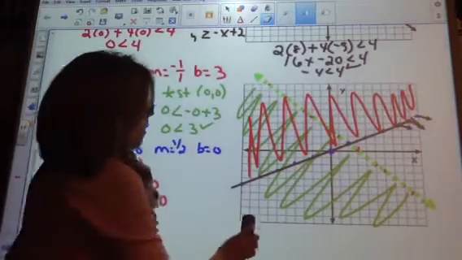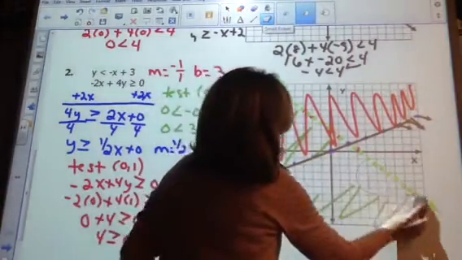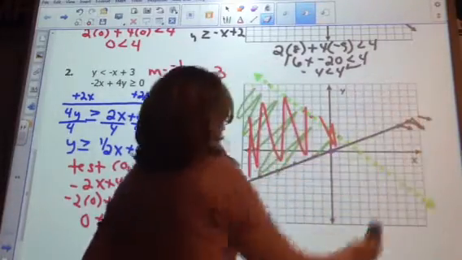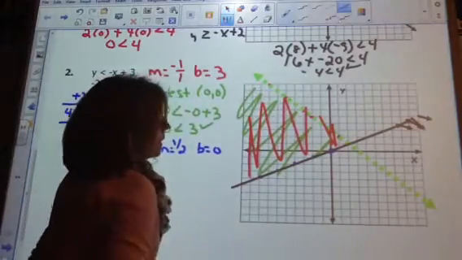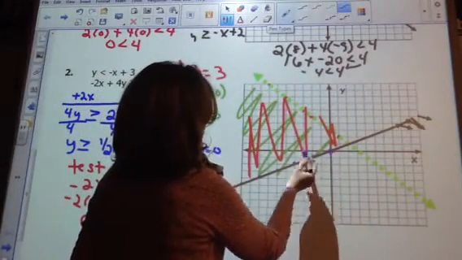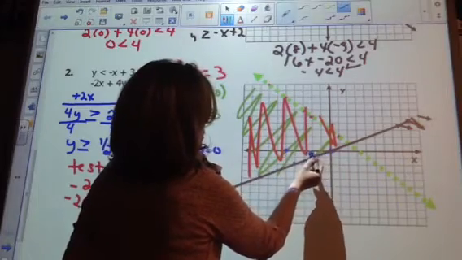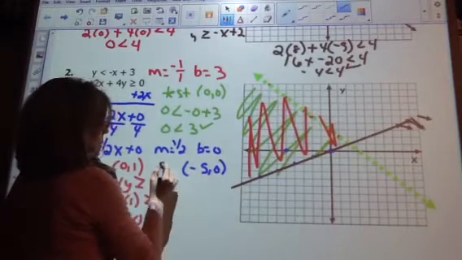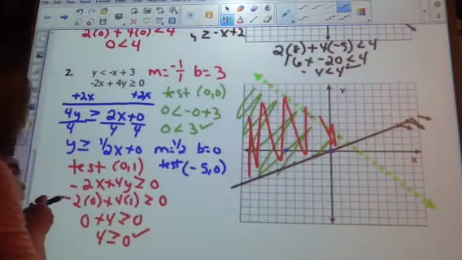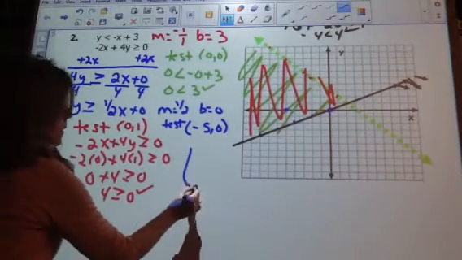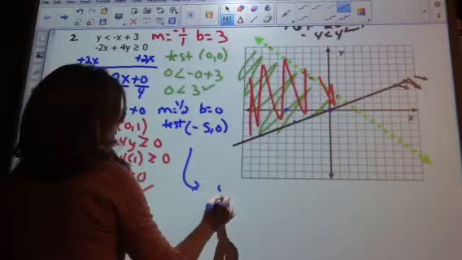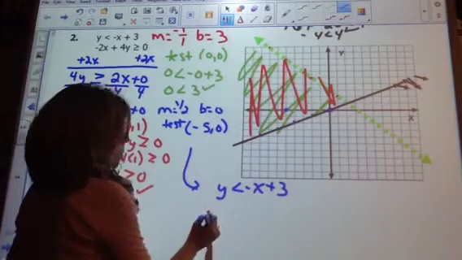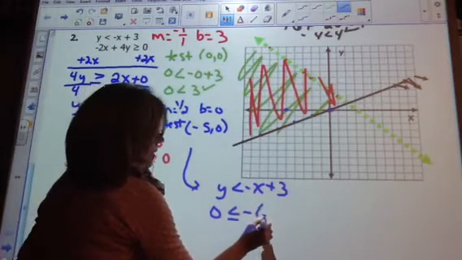Where do they overlap? Take that out, and we can take this out. Let's test a point here where they overlap. Let's test this point right here, which is 1, 2, 3, 4. So that is -5, 0. For our first inequality, y less than -x plus 3: y is 0, x is -5.